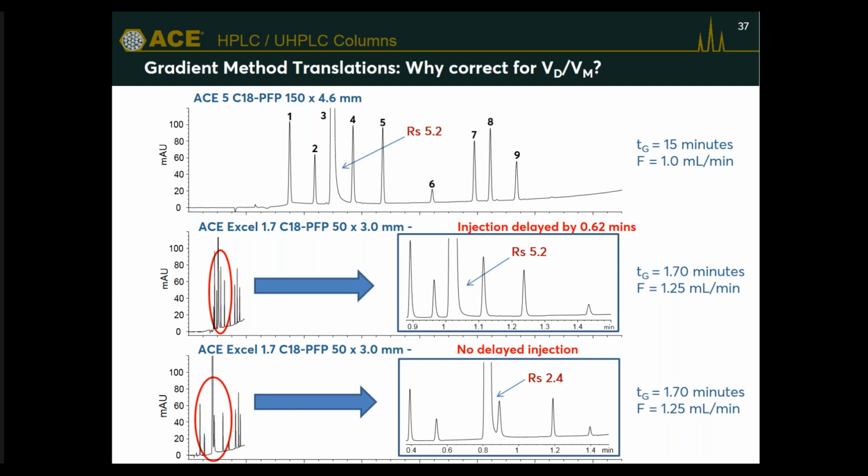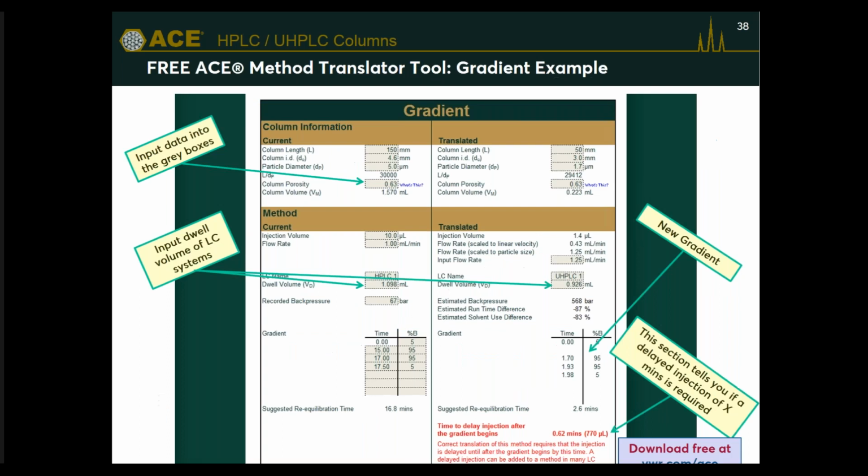This is built into the spreadsheet that I showed you, and not all translators include this, but the one that I showed you that's free to download does include this correction as well. So there you can see the gradient translation, and at the bottom right hand corner there's the calculation. The equations are built into the spreadsheet to calculate if you need to change your gradient table to make sure you get exactly the same selectivity as your original separation.